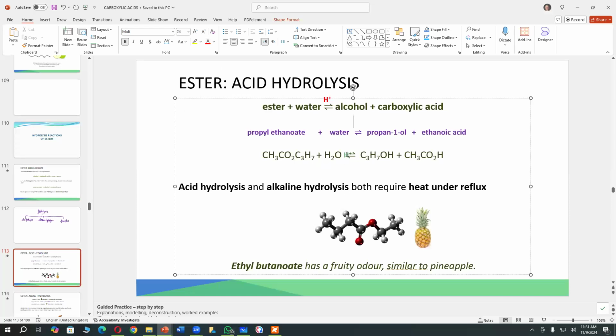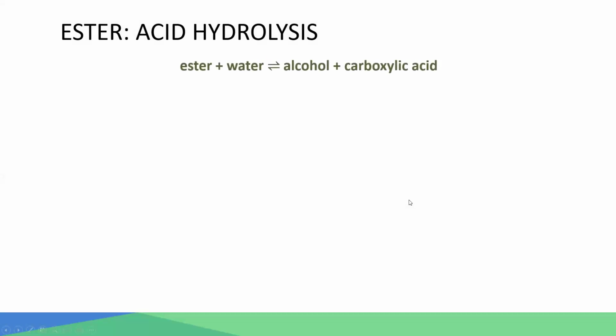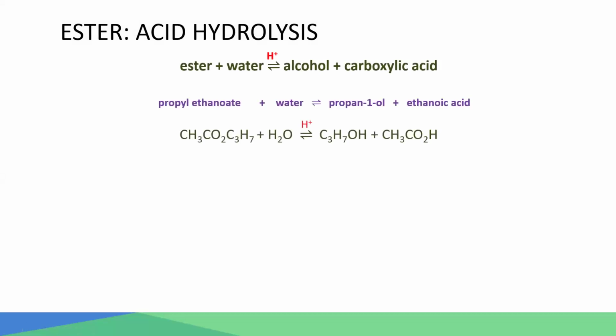That is why this reaction can occur under room conditions and esters are always ready to go for it. In acid hydrolysis, look, there is an H plus on the reversible sign. For example, propyl ethanoate plus water gives you propan-1-ol plus ethanoic acid.